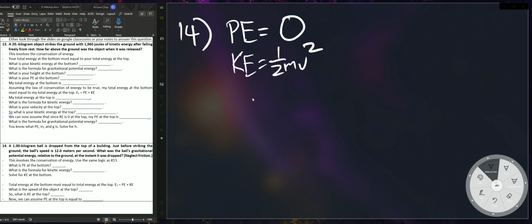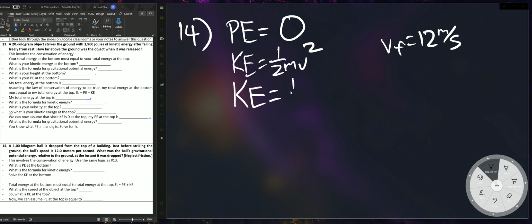So solve for KE at the bottom. The problem gives you the velocity at the bottom, so your velocity at the bottom is 12 meters per second. All right, so 1/2 times 1 times 12 squared, right? Because that's your velocity at the bottom.